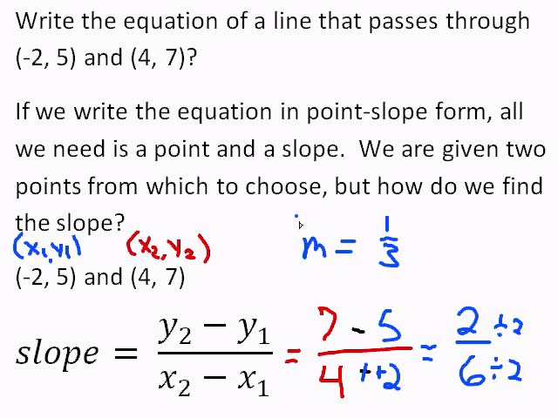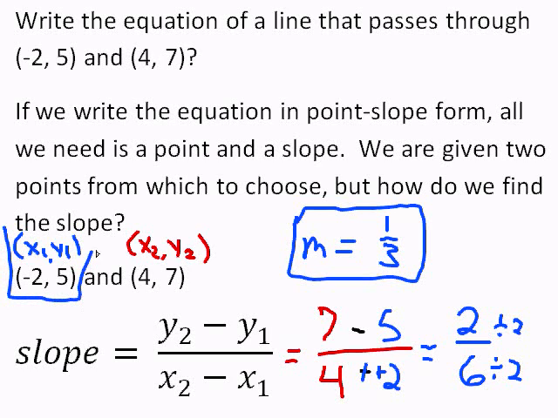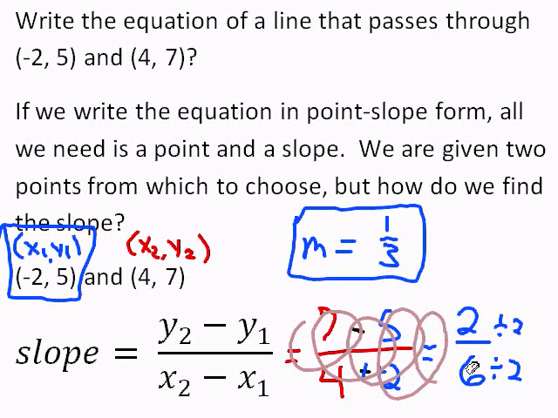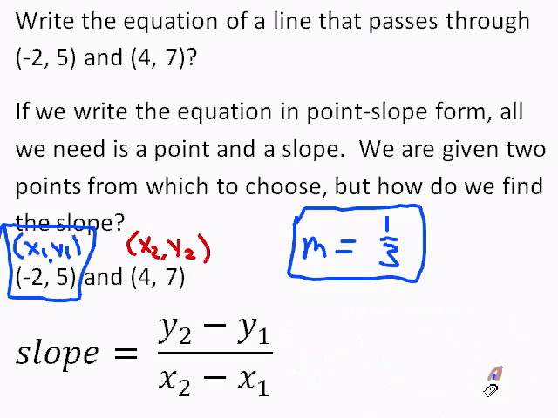So we have an m, and we have a point. Now we can find the equation of the line in point-slope form just by substituting in our m value and our x1, y1. So again, we write the equation of the line in point-slope form, y minus y1 equals m, x minus x1.